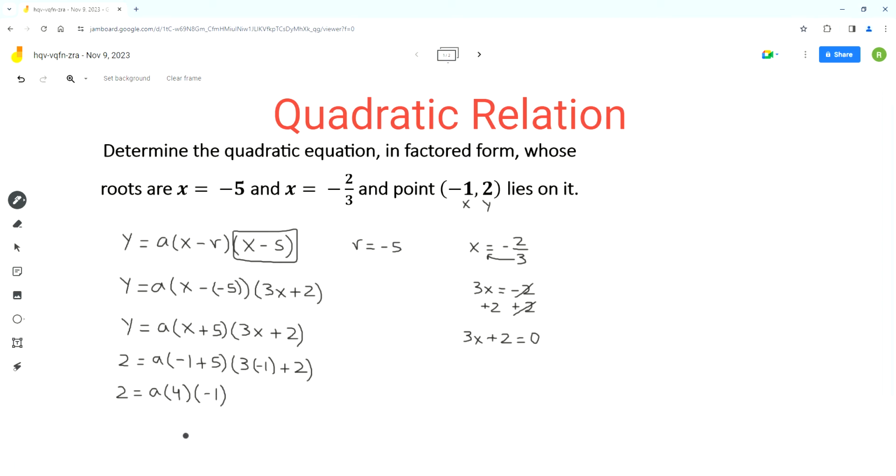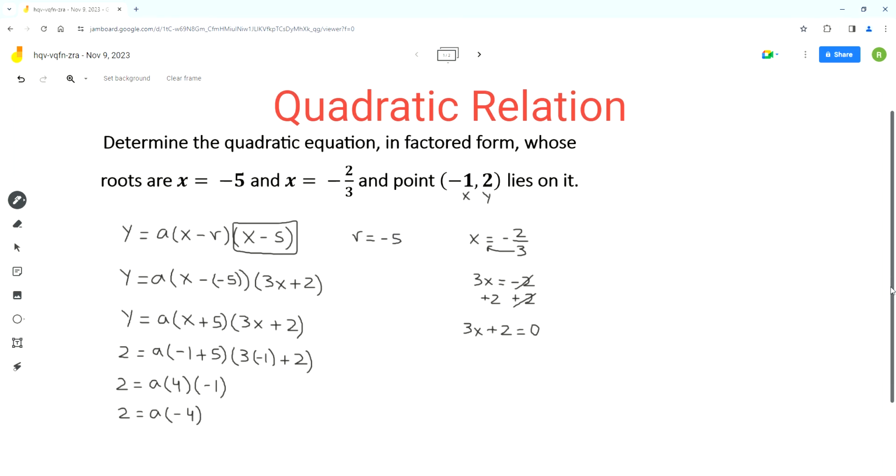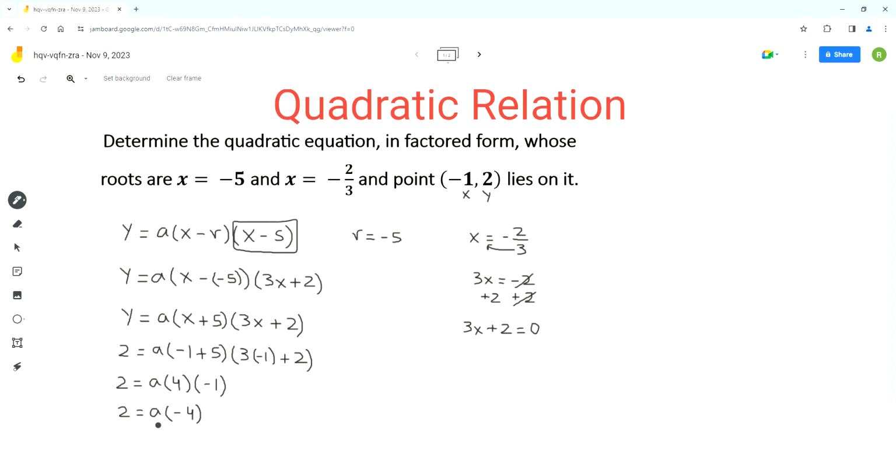Now in the next step, we have to multiply 4 and -1. So we get 2 equals a times -4. And now we have to isolate a. So we divide both sides by -4. -4 here is being multiplied to a, so we have to use the reverse operation of multiplication, which is division.